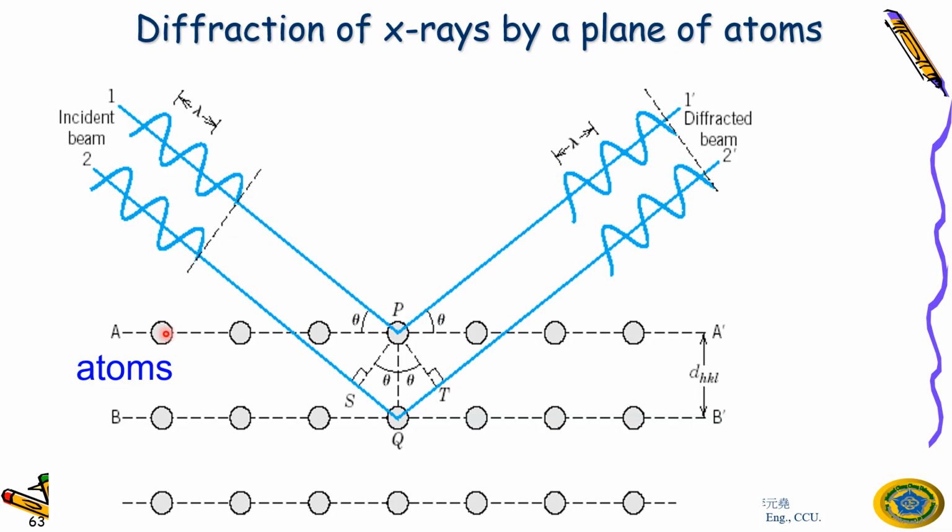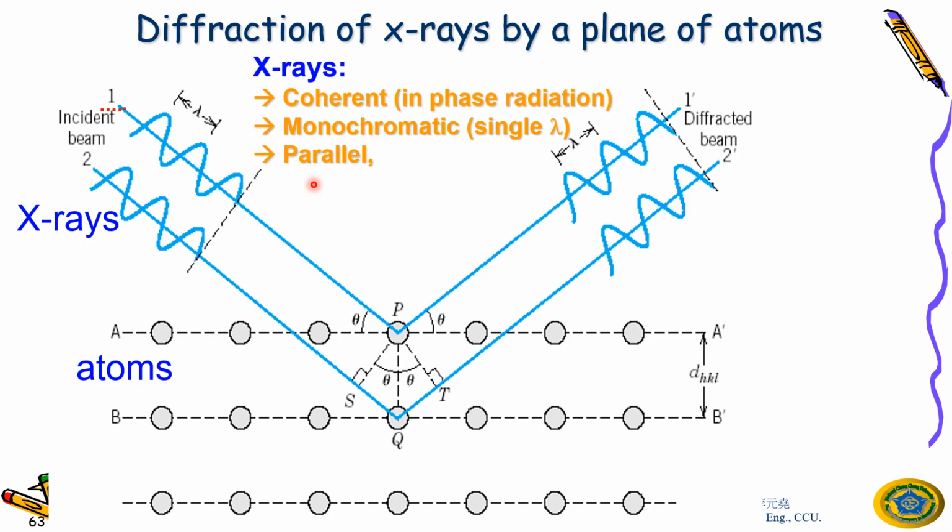This is atom A, atom B, layer A, layer B, and this is the X-ray. There are three pieces of information about this X-ray. The first one is that it needs to be coherent, in phase radiation. Coherent. So this is coherent, right?